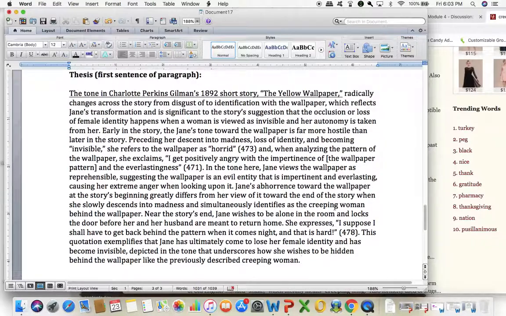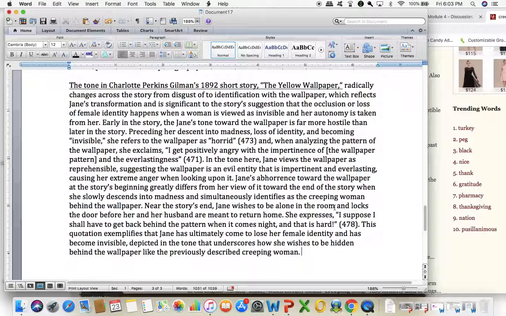Right, so in talking about changing tone, I've given an example of what the tone was at the beginning, before she lost her identity.